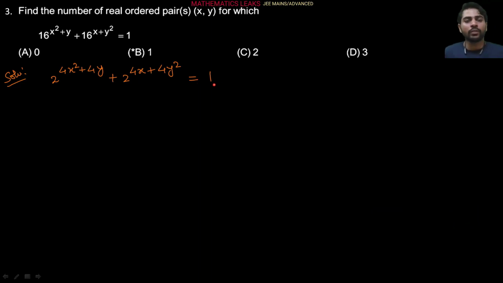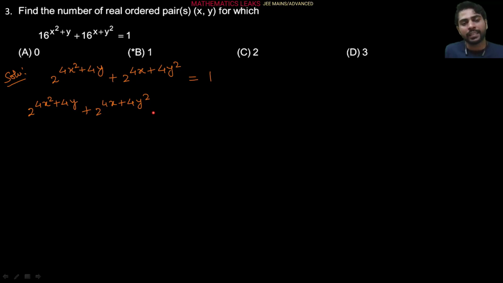Now, I am just going to subtract on both sides 2 to the power 2x square plus 2y into 2 to the power 2x plus 2y square into 2. So, what will happen here? Just observe here. So, 2 to the power 4x square plus 4y plus 2 to the power 4x plus 4y square it is.